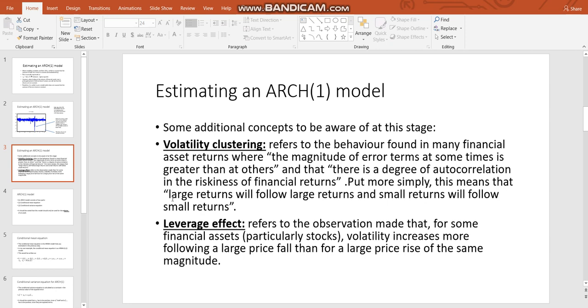So in other words, when things are going badly for a financial asset, it becomes a lot more risky, and because it's a lot more risky, the volatility of its returns increases. So these are two important concepts that you should be aware of as we progress forward: volatility clustering and the leverage effect.